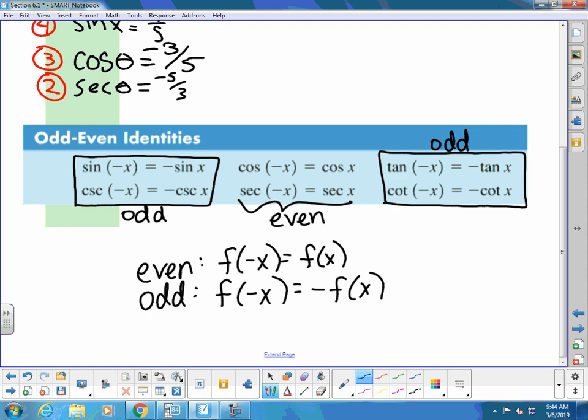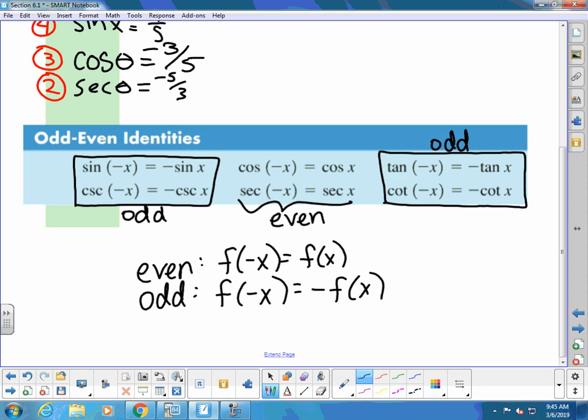So what these are useful for, for our purposes now, is a negative angle, because that's what x is. It's a negative angle. If you see a negative angle in an odd function, the four on the outside, you can just bring it out front. If you see a negative angle inside the two here, the even ones, you can pretty much drop it and get rid of it. So even odd, for our purposes, is a way to simplify a negative angle. We can either bring it out front if it's odd or drop it if it's even.